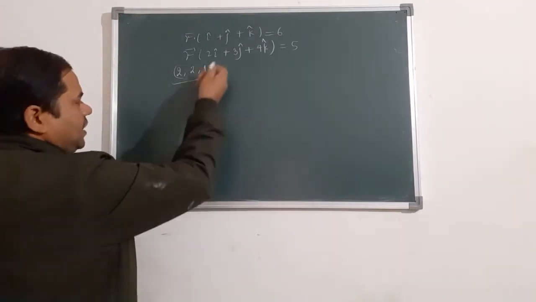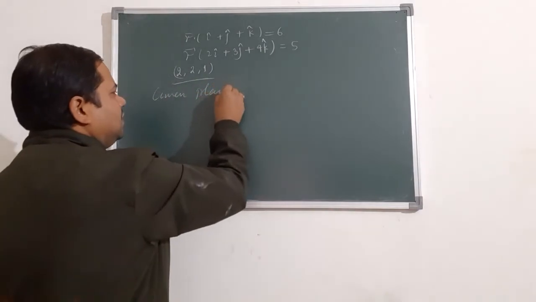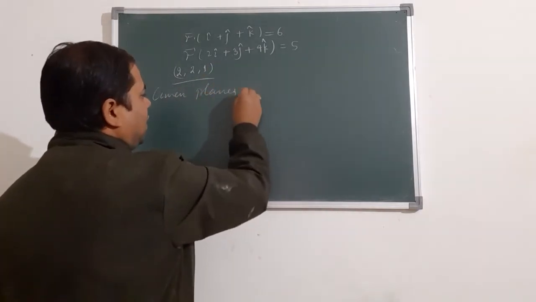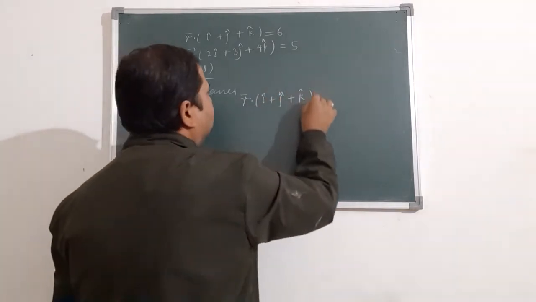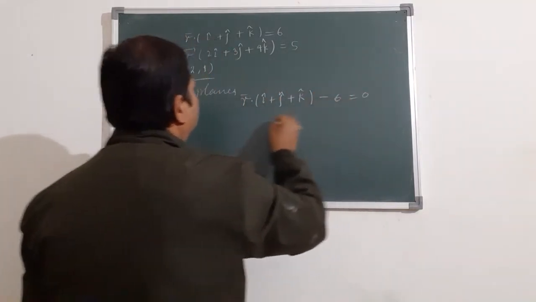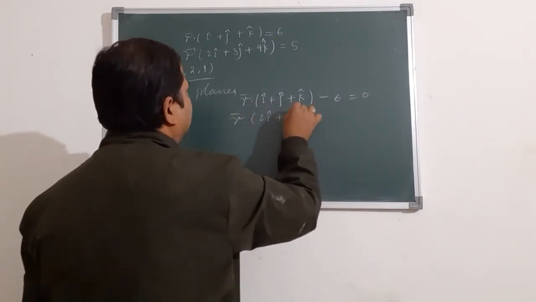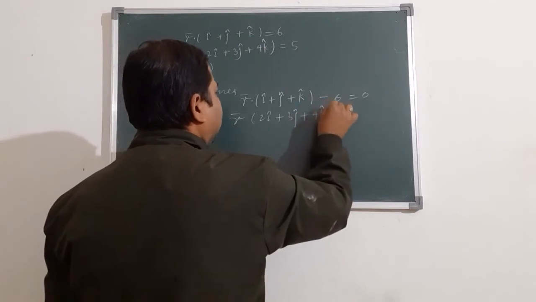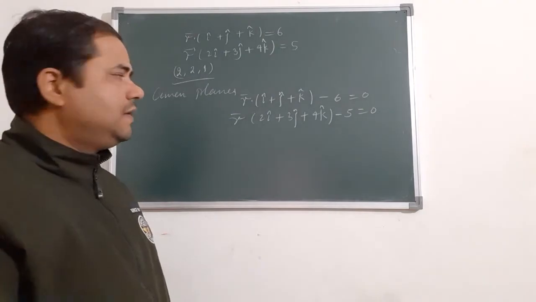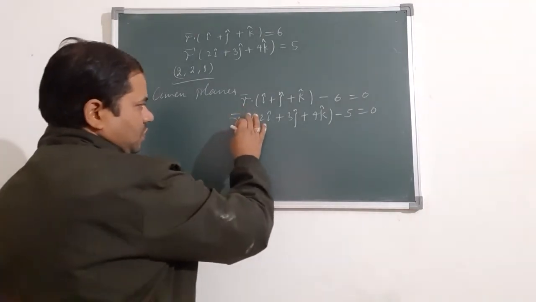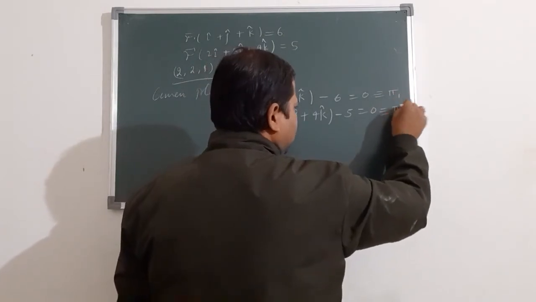So again we convert them into the standard, normal form: r dot (i cap plus j cap plus k cap) minus 6 is equal to 0, and r dot (2i cap plus 3j cap plus 4k cap) minus 5 is equal to 0. Suppose this one is phi 1 and this one is phi 2.